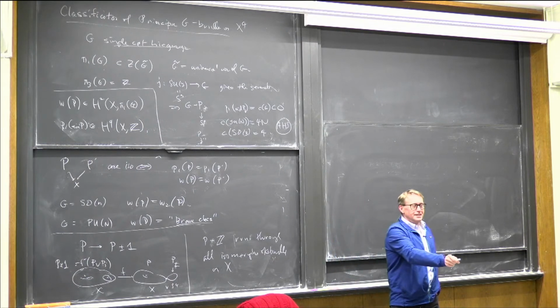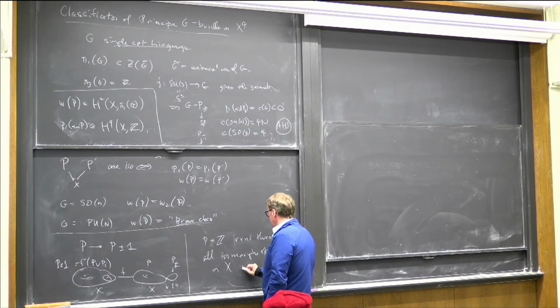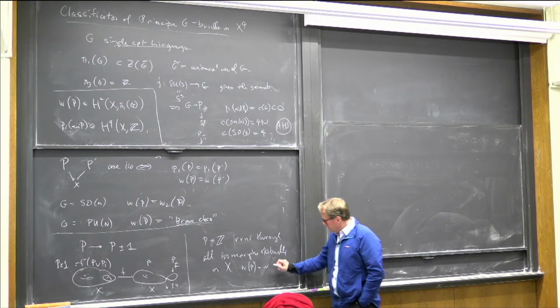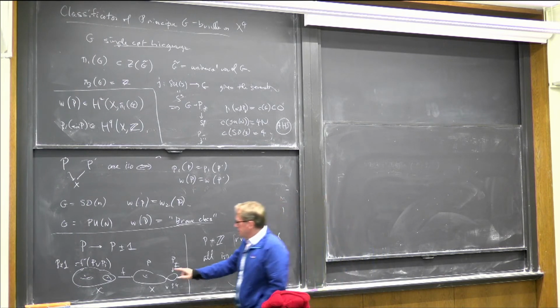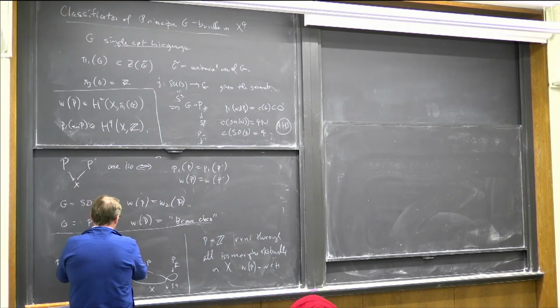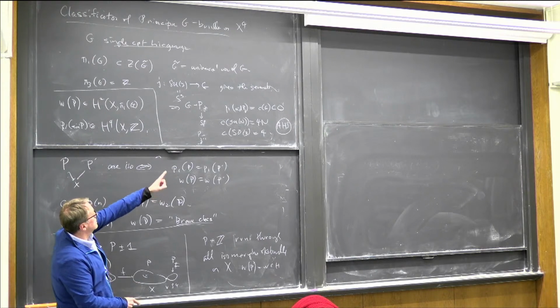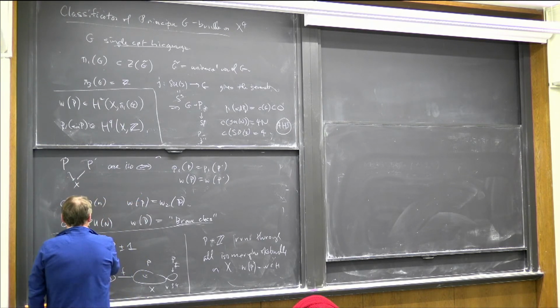A fixed P1 class? Or no, fixed W? Fixed W class. So with W of P equals some fixed W, WP prime equal to some fixed W. It's important to note this shifts P1 by C of G. I should have said that.